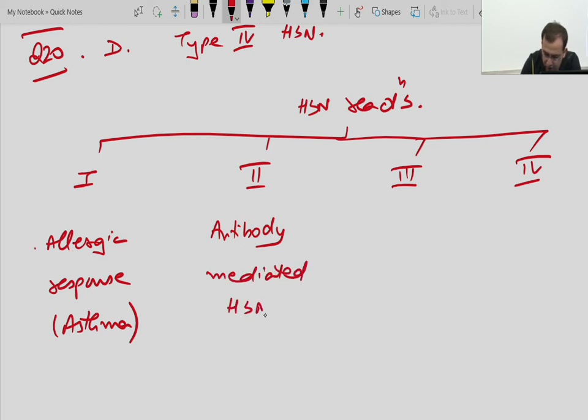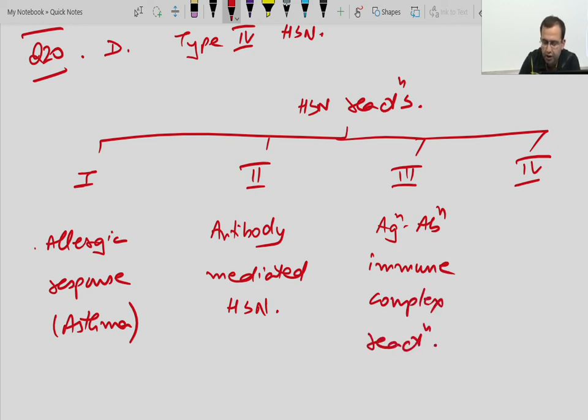Type 3 is antigen antibody immune complex reaction. Whereas type 4 is delayed type of hypersensitivity. I am sure you already know this.